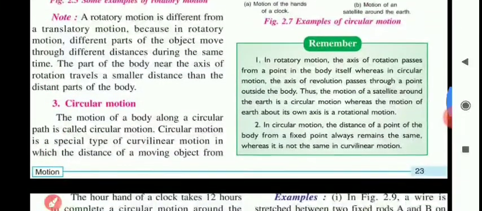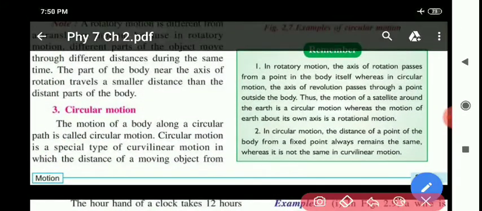Now remember, in rotatory motion, the axis of rotation passes through a point in the body itself. It means, suppose a fan is rotating, that is one body only. The fan is moving around itself, meaning the only object is the fan and that is moving.